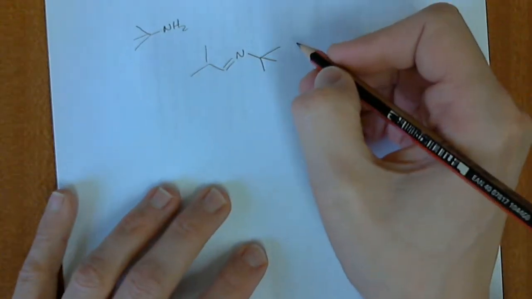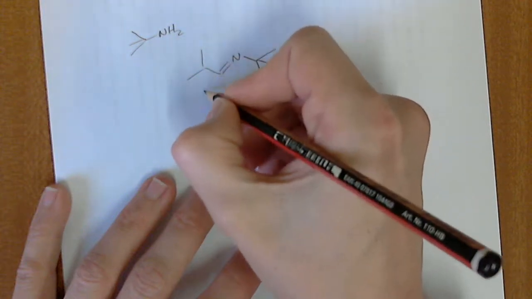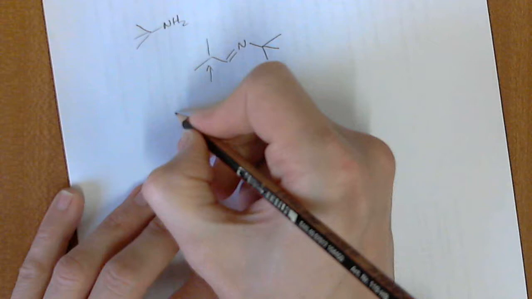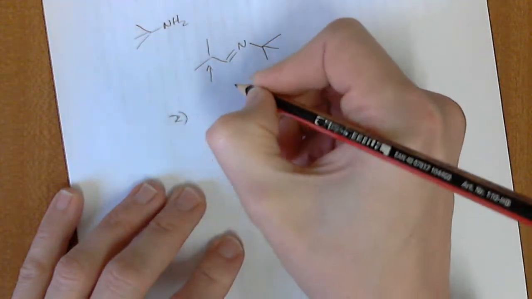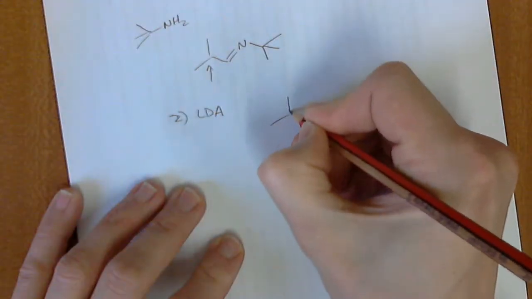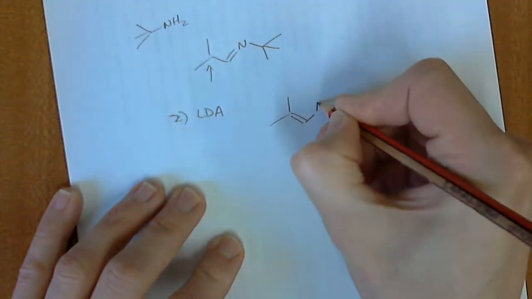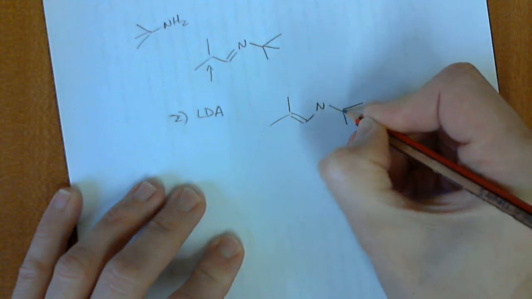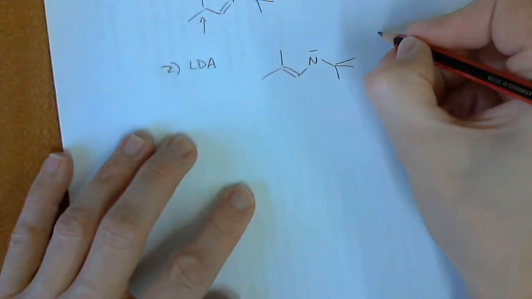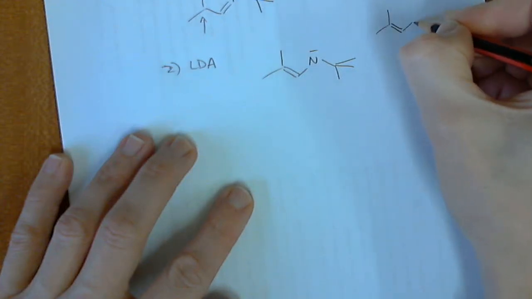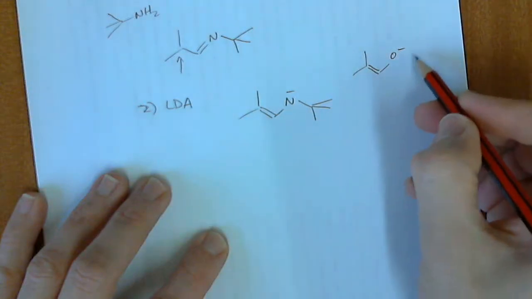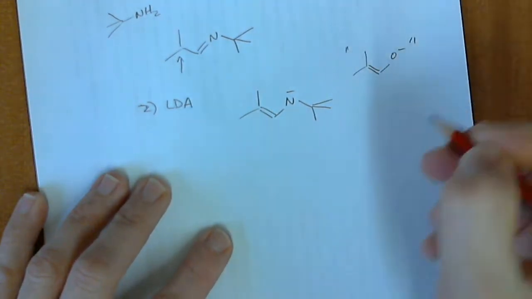Once we've done that, we then need to deprotonate this position using a strong base. So step 2 would have been using a strong base such as LDA. We would have ended up with something that looked like this, with a minus. This is the equivalent of what we wanted but couldn't make. This over here is the equivalent of the enolate.